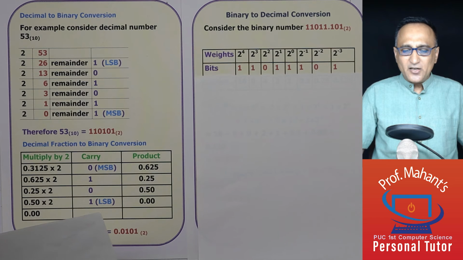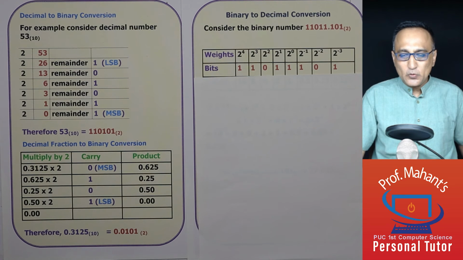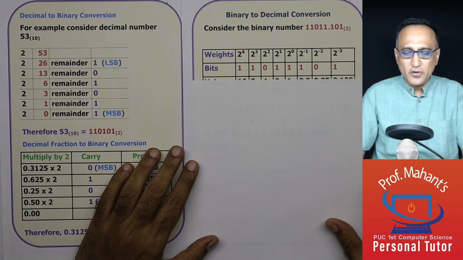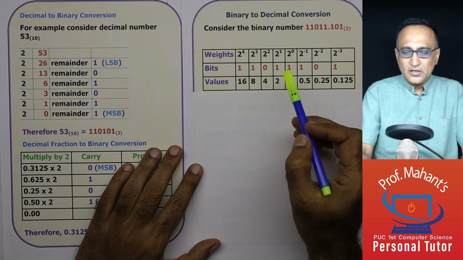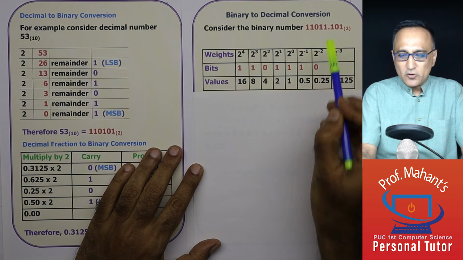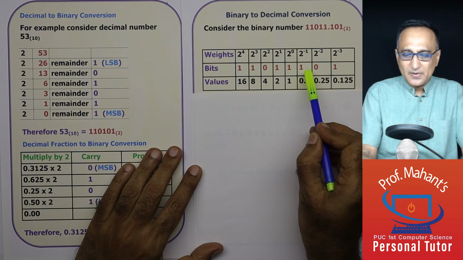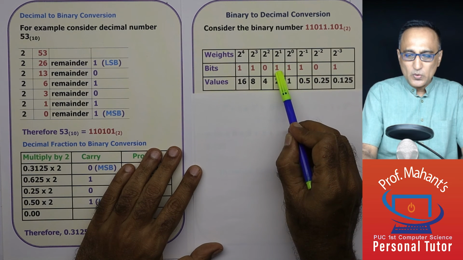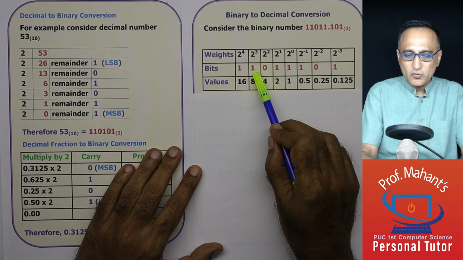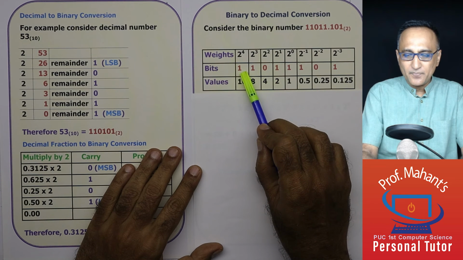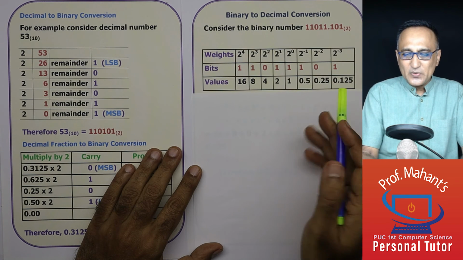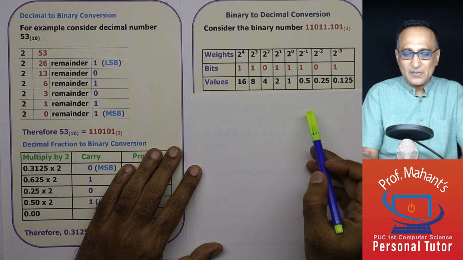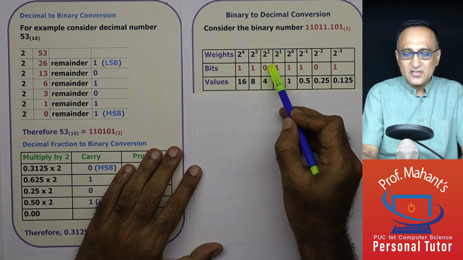We have already taken a look at how we convert binary numbers to decimal, but let's take another example. It's going to help you a lot. The weight of this is 2 raised to 0. This one to the left of the decimal place, 2 raised to 0. This one 2 raised to 1, 2 raised to 2, 2 raised to 3, 2 raised to 4. It is also very easy to get the value on the left side of the decimal place by ignoring this 0th position.